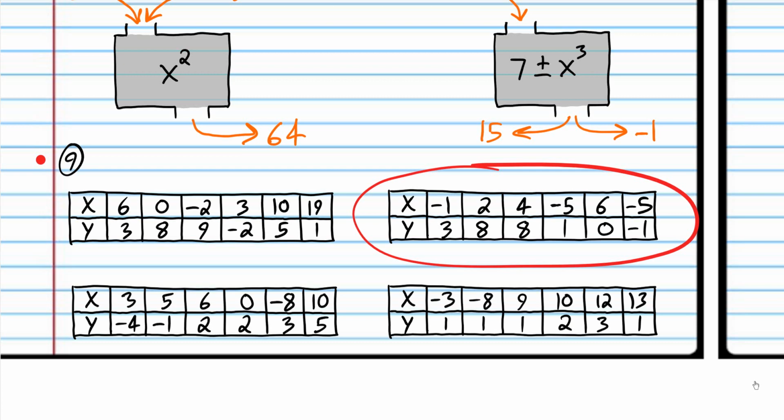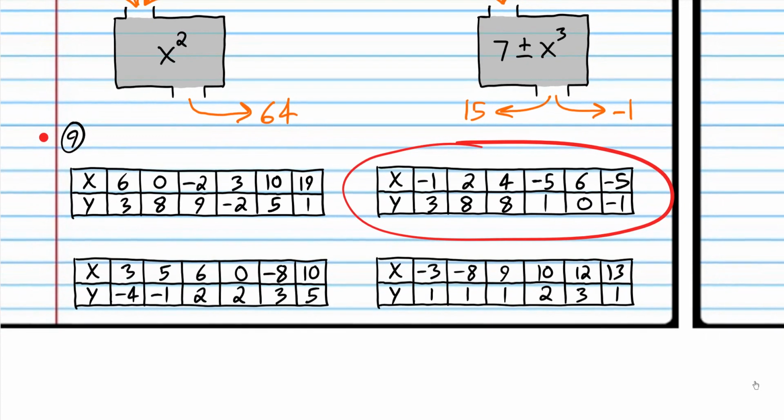Now this does not disqualify the table. It's the -5s that disqualify the table from being a function. Let's look at this table down here.